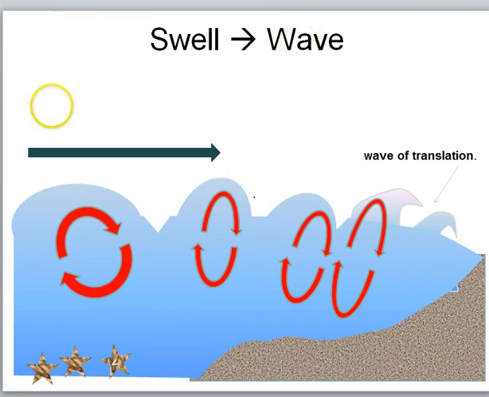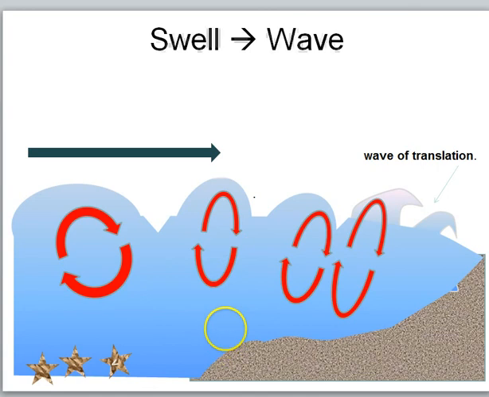So anyway, the arrow is the general direction that the waves are moving. Here's your oscillatory swell. And as the swell moves into more shallow water, the swell begins to touch bottom or feel bottom.